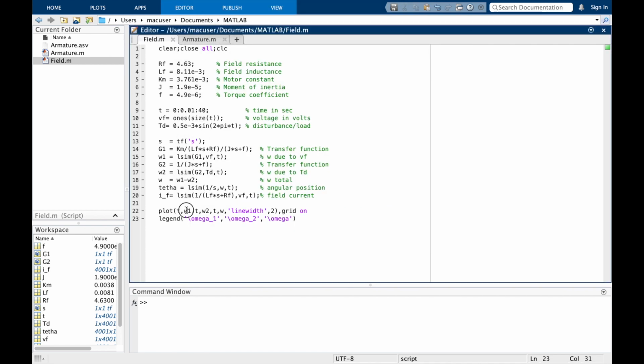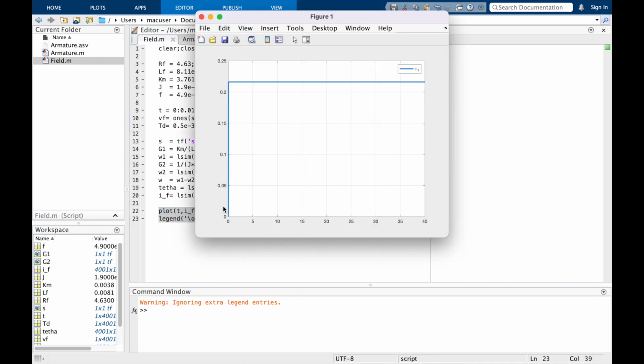If you want to plot the current on the field, all we need to do is replace all of this by I underscore F. Then I'm running this all. Okay, so this is the IF, the current on the field.